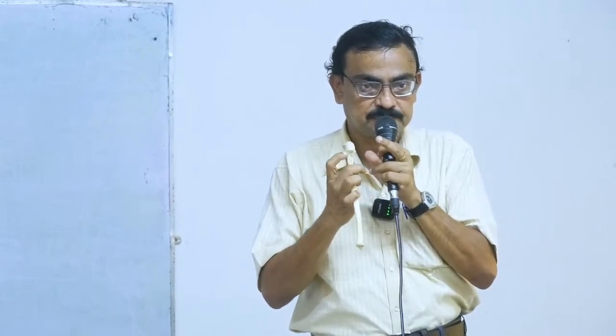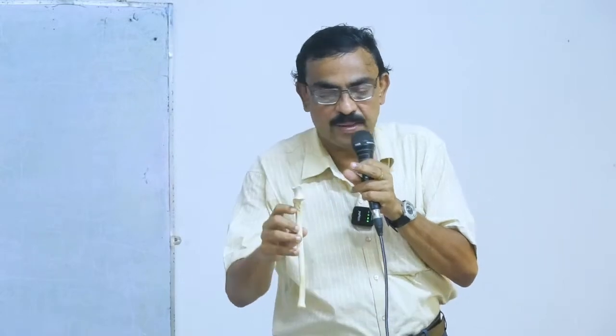On the medial side of the ulnar tuberosity, we find a sharp border. Sharp border on the medial surface.